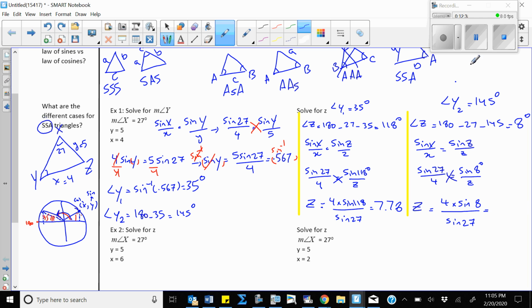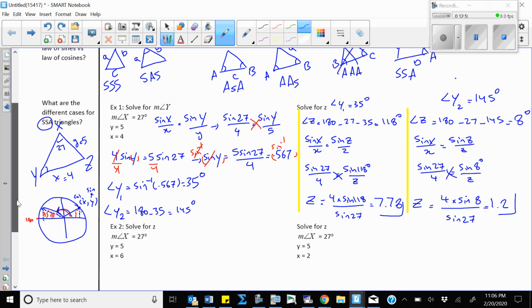And this will be equal to 1.2. So that's how we solve for side Z here. So in this case, we had two answers for Y. Both of them were acceptable, and based on those Y's, I found the other side, which was Z.